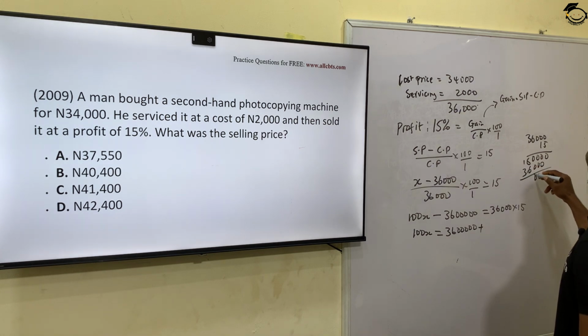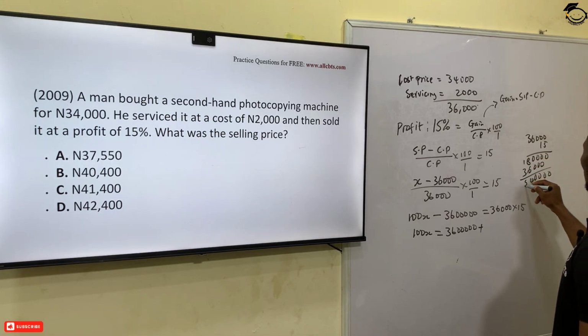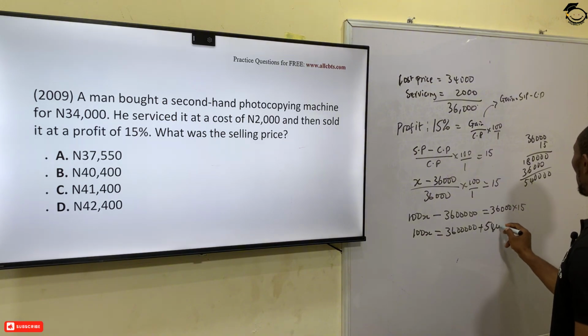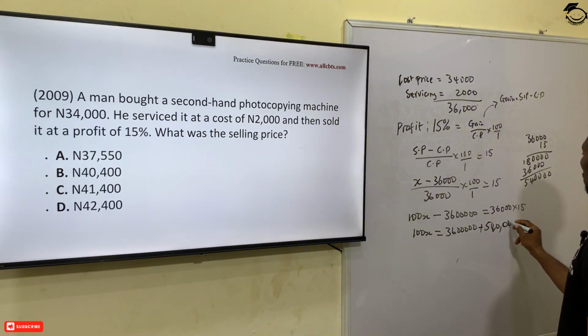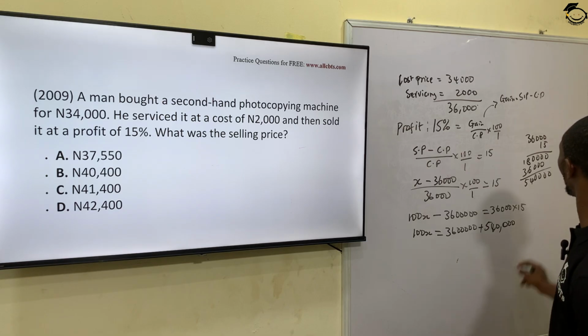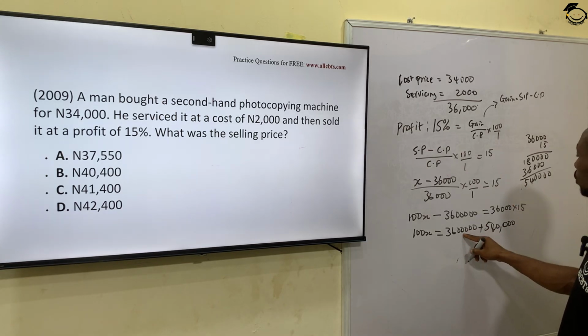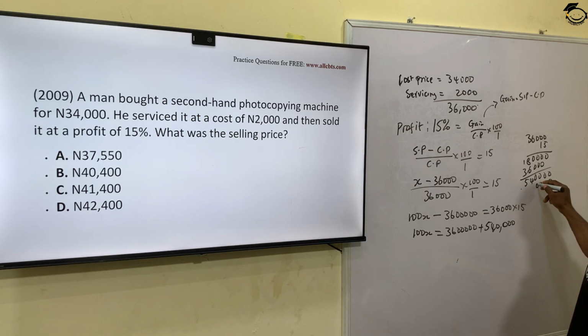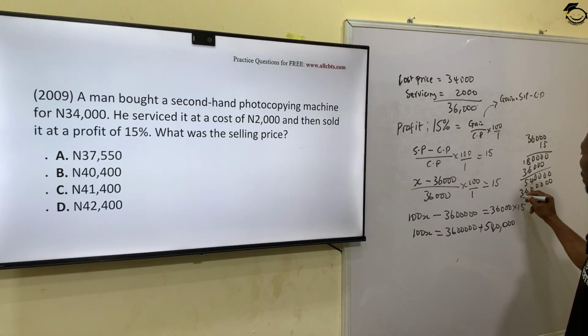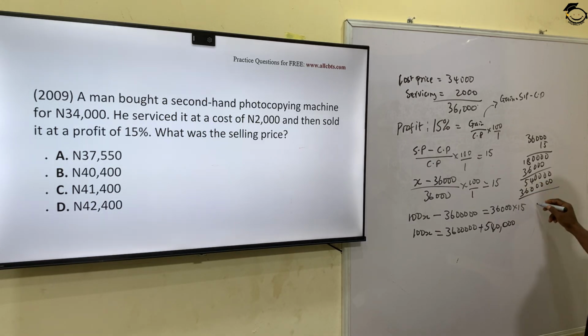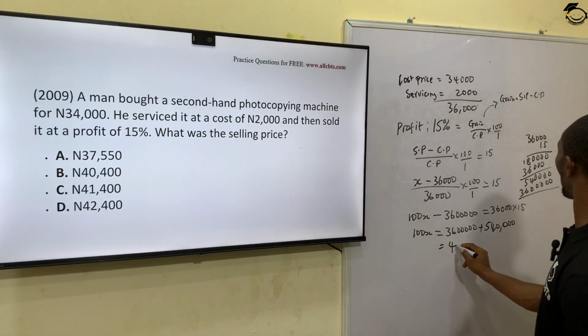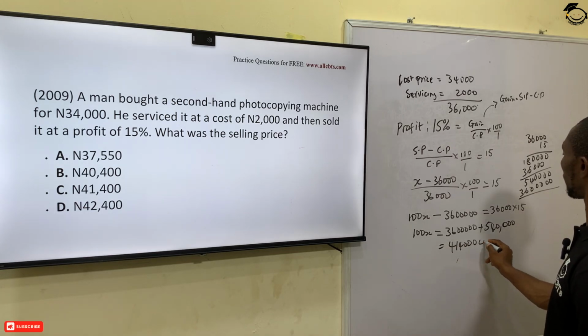Then 8 plus 6, 14, carry 1, 4 plus 1, 5. This gives us 540,000. So now adding this, this gives us 414.